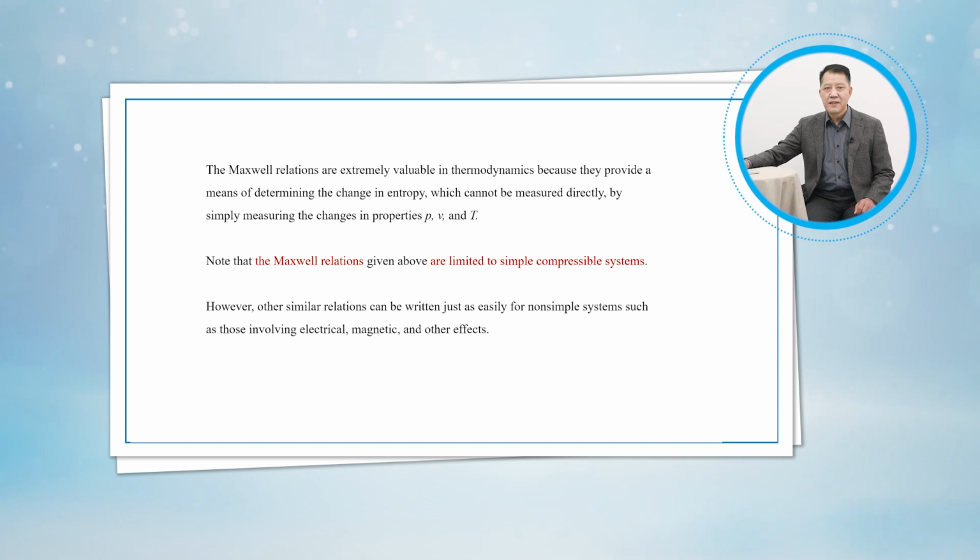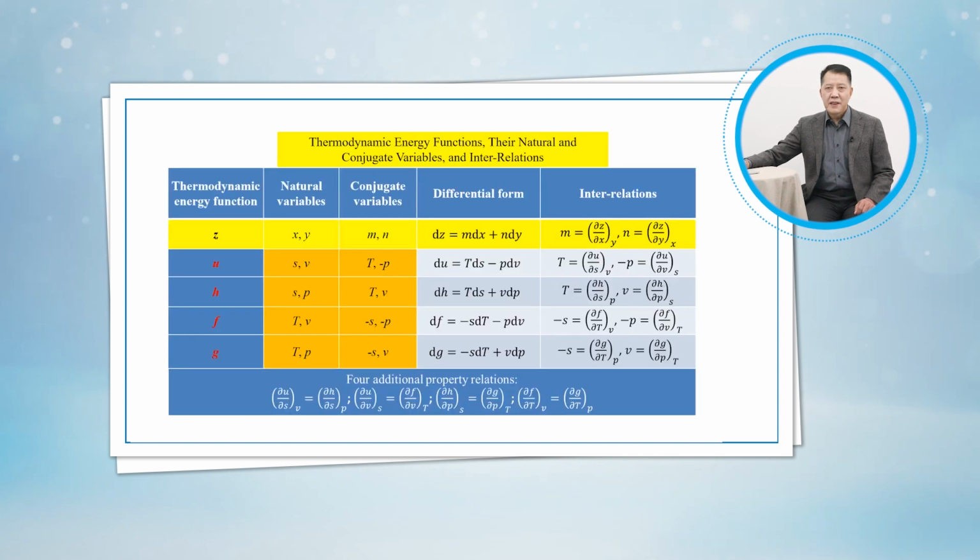In the previous work, we derived the differential forms of the state functions U, H, F, G, and their corresponding natural and conjugate variables. We summarize these relations for ease of reference in the table.